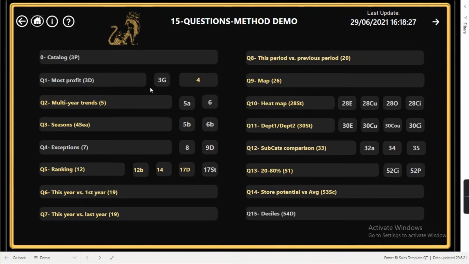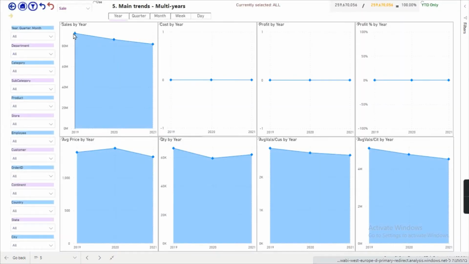Okay, let's move faster on the other question. Question 2. What are the multi-year trends? The trends over the years. Page 5. You can see the steady decrease that we saw in page 4 over 3 years. 5% each year. In this data set, there is no cost, profit, and profit percent data, so it's dead. It's blank.